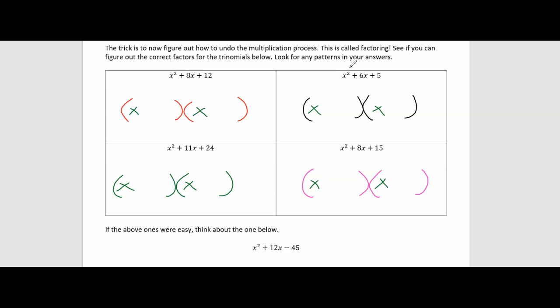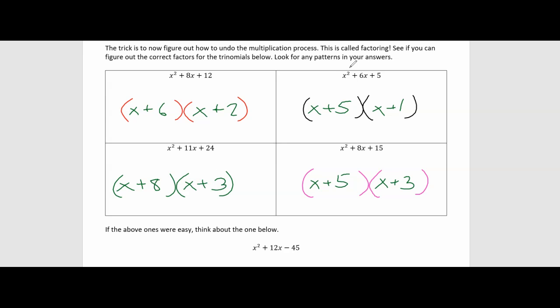Okay, so I'm not going to walk through how we get these answers. I'm just going to put them up here, and you can check and see if you got any of them right. X plus 6, x plus 2. It's okay if you flip those around. It would still work. Over here we have x plus 5, x plus 1. Down here in pink we have x plus 5, x plus 3. And in green we have x plus 8 and x plus 3.